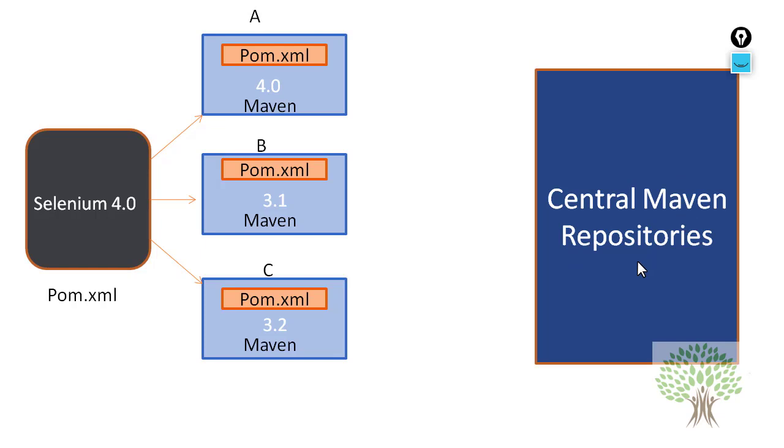These are the repositories on the internet where all the jars and dependencies are already present. Maven connects to these repositories and downloads the same jars and dependencies mentioned in pom.xml onto the particular machine. So all the team members this way will get the same version of the Selenium jar from the centralized repository, and every team member will be working with the same version. This is the major advantage of Maven.